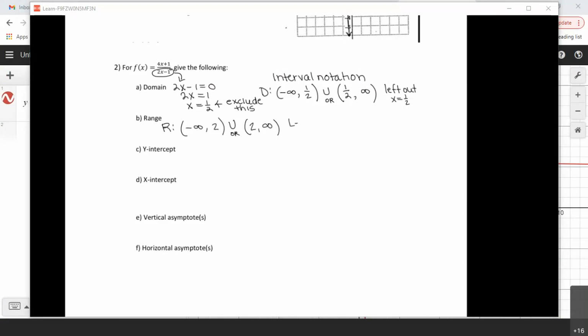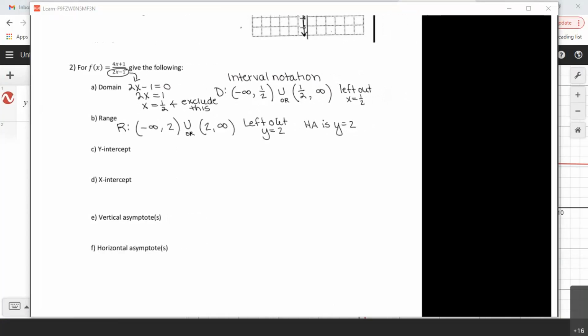Leave out y equals 2. The horizontal asymptote is y equals 2, and here I had the vertical asymptote at x equals 1/2.